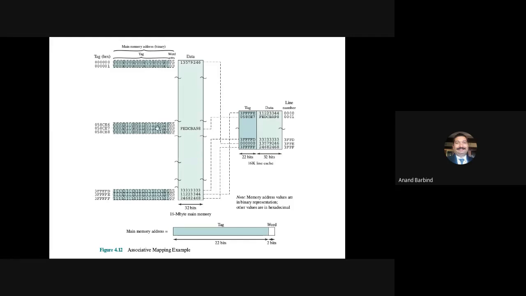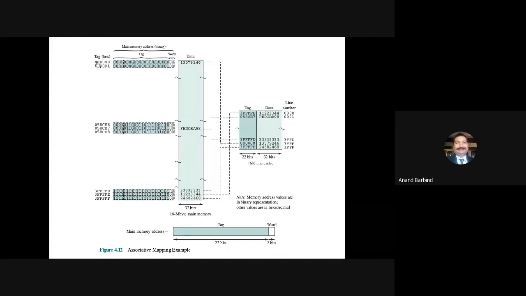So the bits except the last two bits are the tag. Okay, so again the tag is written here in hexadecimal. Okay, so that is why we see the length of the address in binary. Okay, so this is the binary address. I get the size of this particular binary address is 32 bits, and the number of hex digits here are 0, 1, 2, 3, 4, 5.